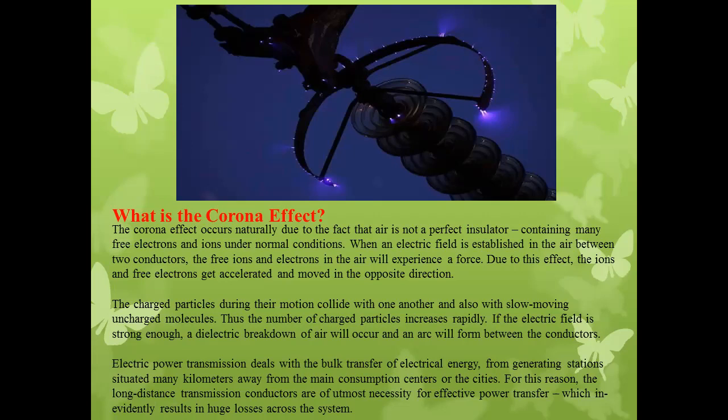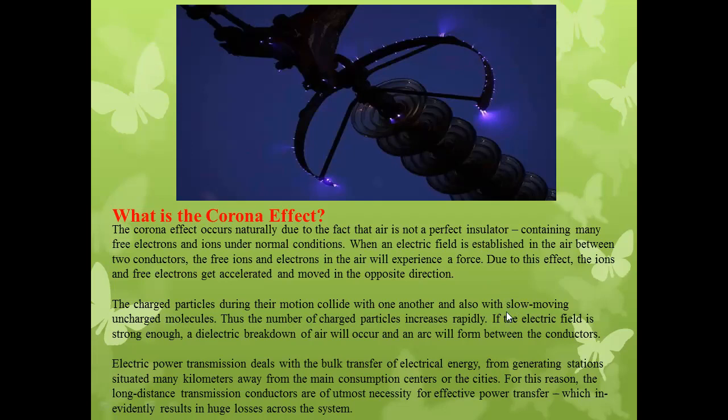So whenever this air medium comes under the electric field at a higher voltage, the air is going to ionize. Air ionizing means the air will dissociate, the ions will be formed because of the higher voltage stress.